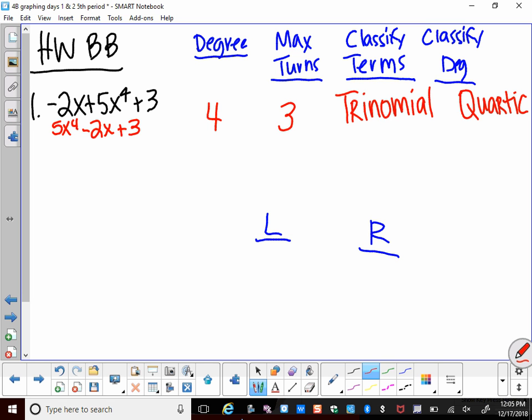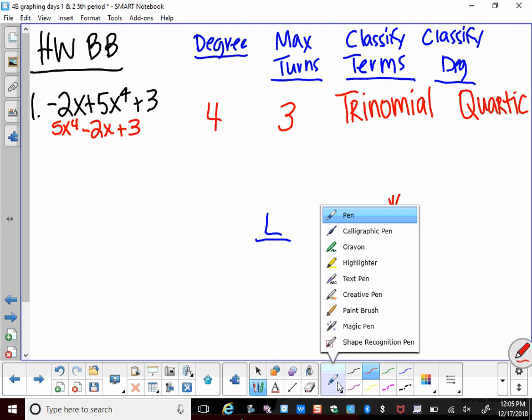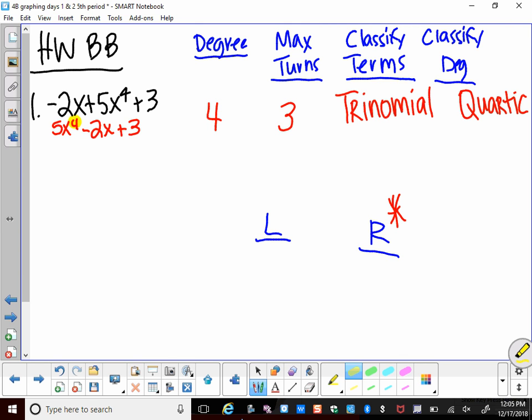This is what is new. I told you guys wrong last time. We are going to do the right end behavior first. Okay? We do the right end behavior first. So if I take a look, my highest exponent is 4. Is that even, Steven, or odd opposite? Even Steven, so they're going to be the same end behaviors, okay?